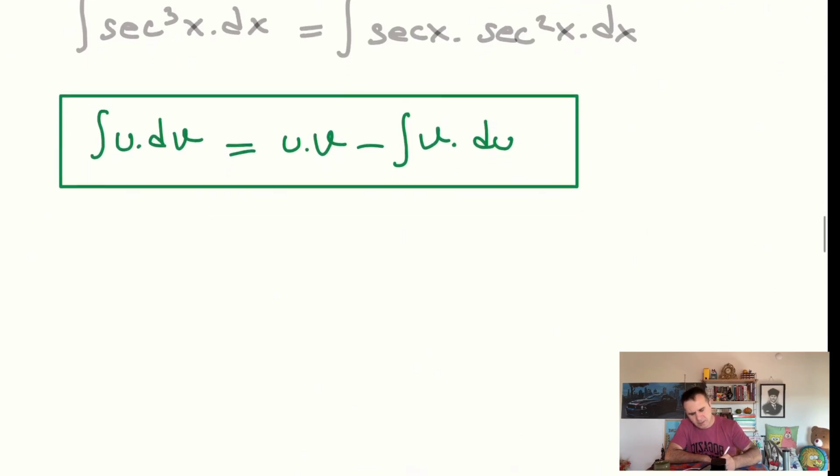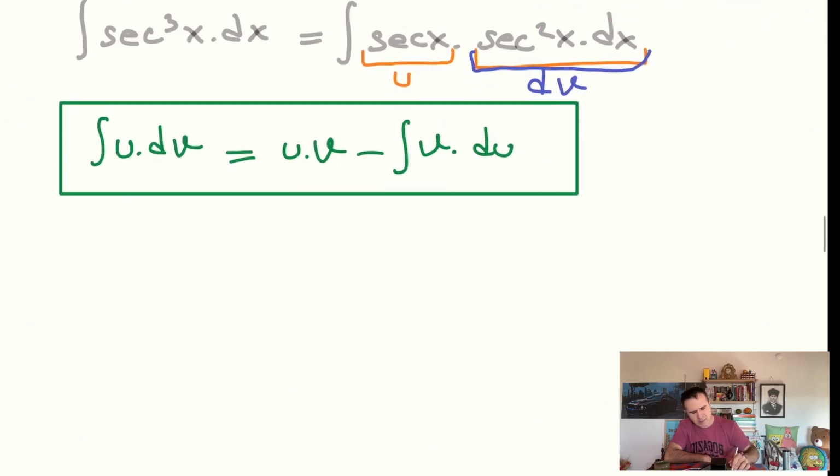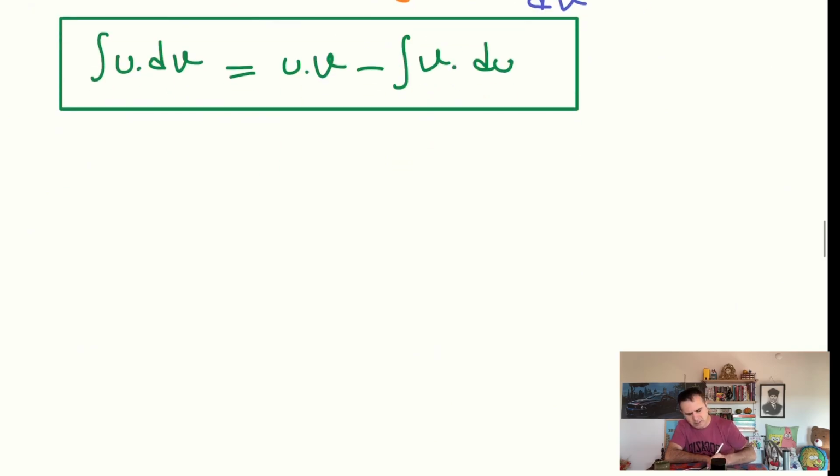Here we will say that sec(x) is u, and since we know that the derivative of tangent x is sec² of x, we will say here sec² of x dx is dv. And sec(x) is equal to u.